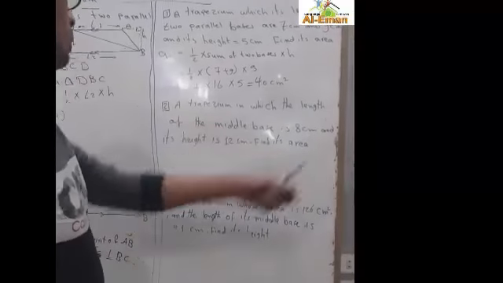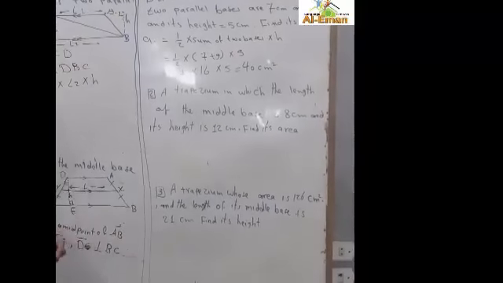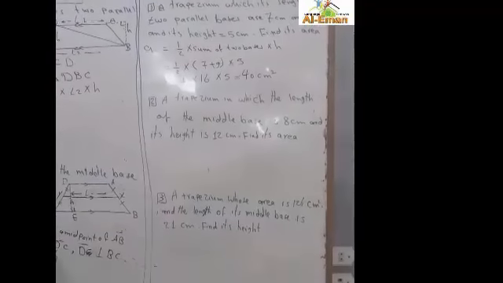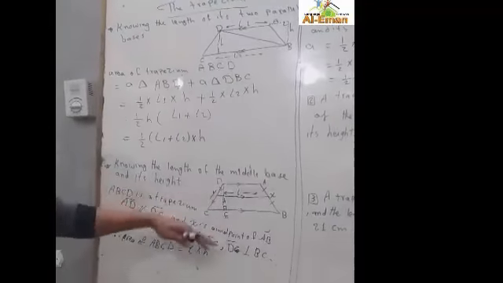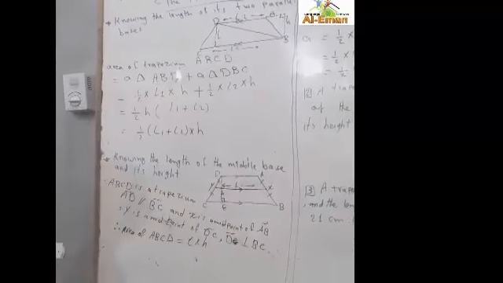Next, the area of a trapezium whose middle base is 8 and its height is 12. The middle base is half the sum of the two other bases, the small base and the great base.